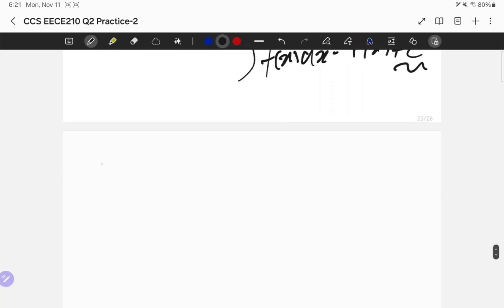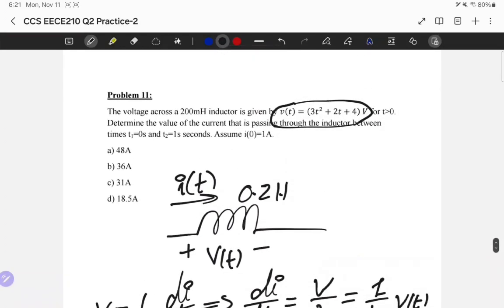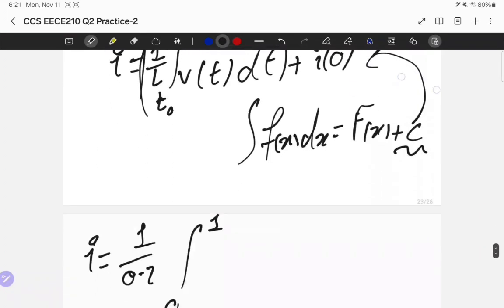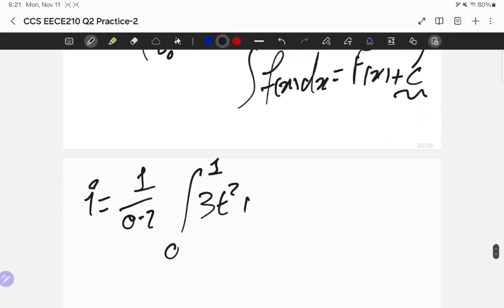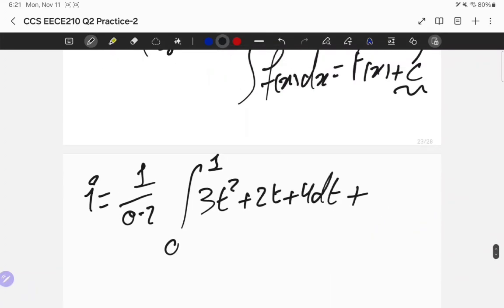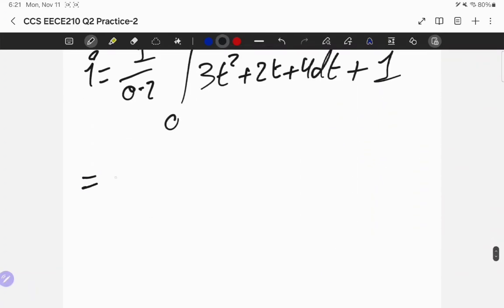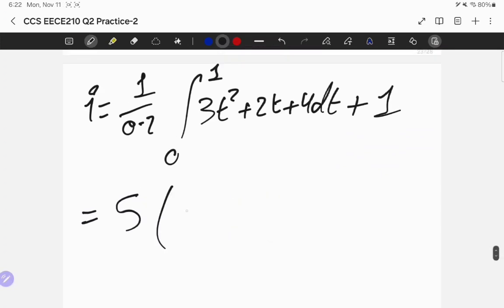Okay, so current is equal to 1 over 0.2, integral from time equal 0 to time equal 1. Now V(t) is equal to 3t squared plus 2t plus 4. So 3t squared plus 2t plus 4 dt, plus the initial current I0, which is 1. So 1 over 0.2 is 5. Then I do the integral, so 3t squared becomes t cubed.